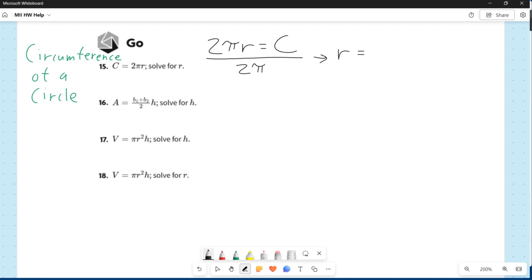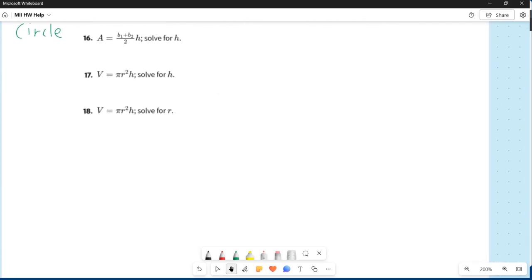One's a variable, one's a constant, and one is an irrational, or actually transcendental number. There's nothing I can do with that, so it's just c over 2 pi, and that's my answer. I do apologize for spending multiple minutes on something that took about 30 seconds, but I do think there was value in the discussion.